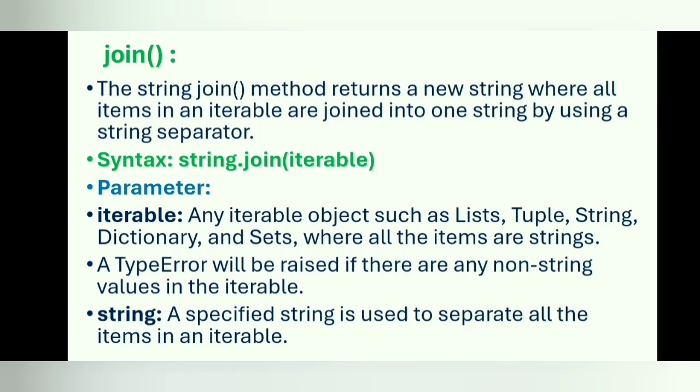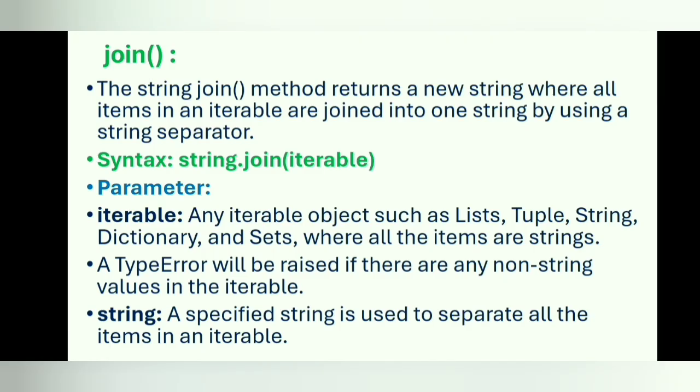Syntax: string.join(iterable). Parameters: iterable. Any iterable object such as a list, tuple, string, dictionary and sets where all the items are strings. A TypeError will be raised if there are any non-string values in the iterable.